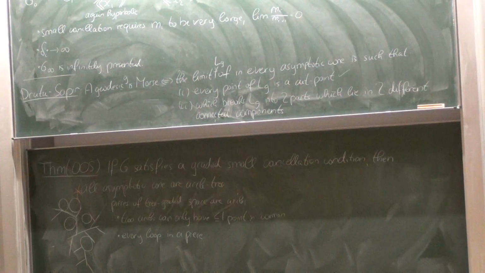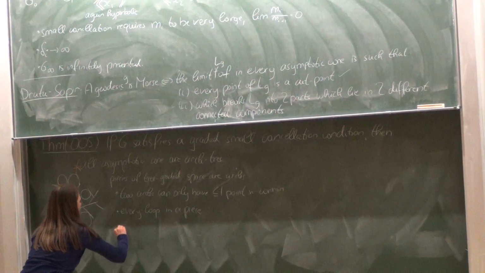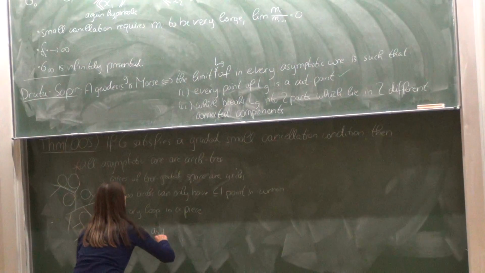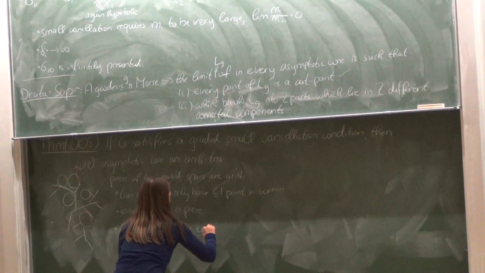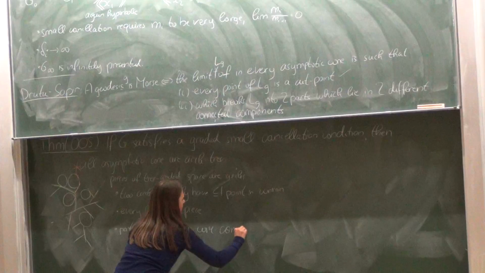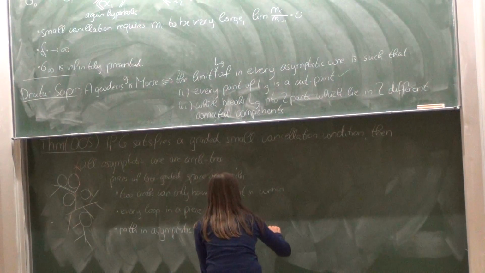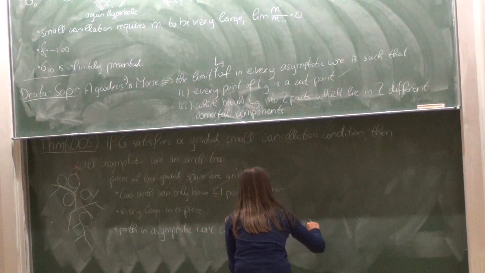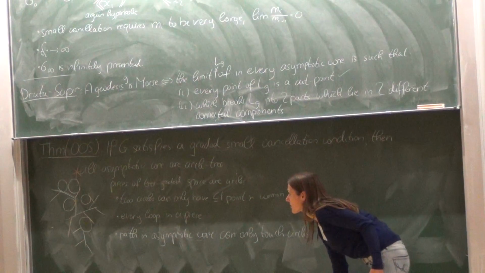Okay, so let's write that down. The path in the asymptotic cone can only touch the circles at a single point. Okay, so those are the paths in the asymptotic cones.